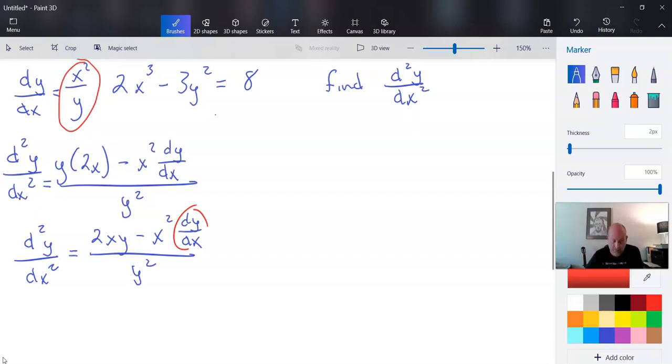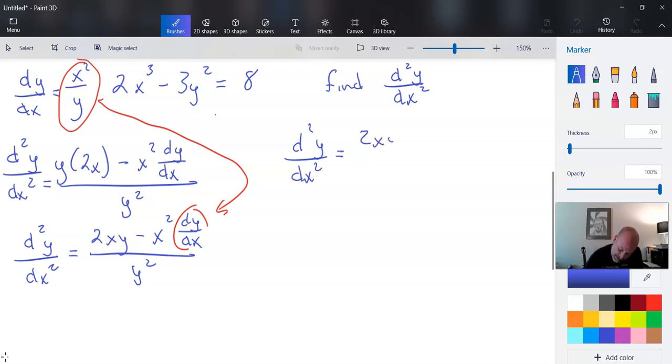So all we have to do is plug that in. So if we do that, I end up with d squared y over dx squared equal to 2xy minus x squared.